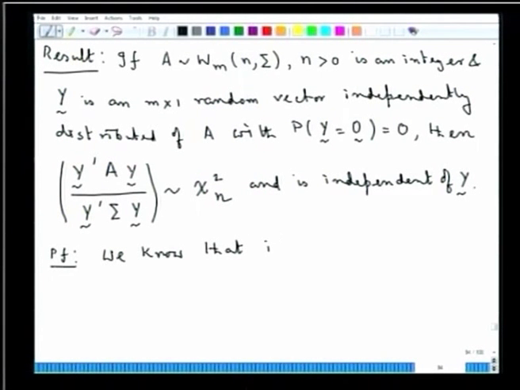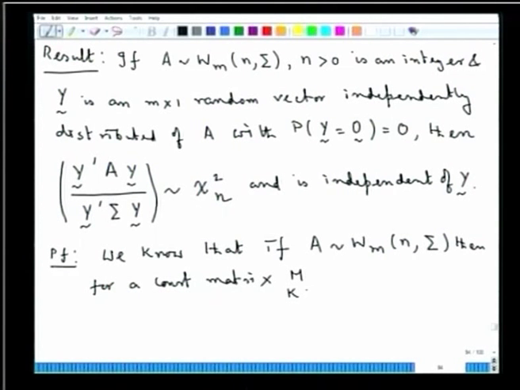We know that if A follows a Wishart(m, n, Σ), then for a constant matrix M, which is say of order k by m, we have M A M' following a k-dimensional Wishart distribution on n degrees of freedom, with the associated variance-covariance matrix M Σ M'. We had explicitly proved that such a result holds true.